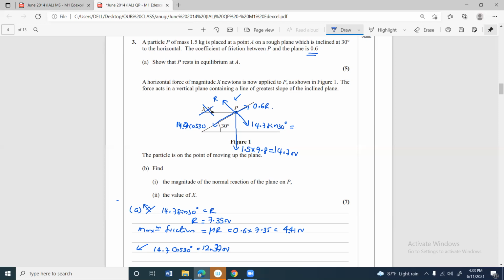The weight component is 1.5 into 9.8, that is 14.7. I made a mistake here. The components are wrong. This is not the sine component, and this is not the cos component. It's the opposite around.